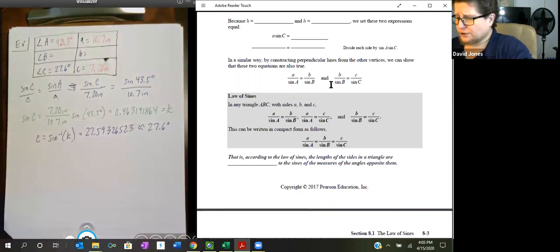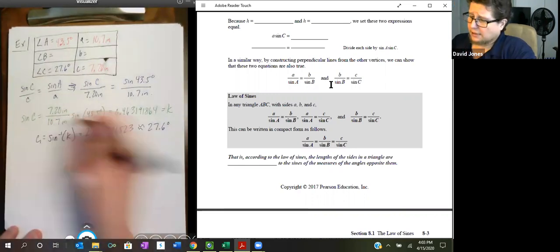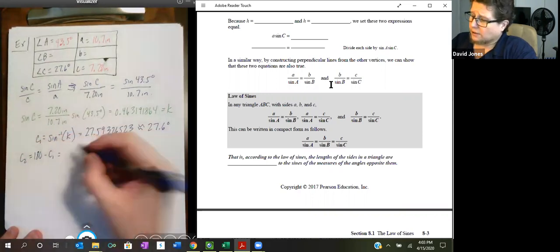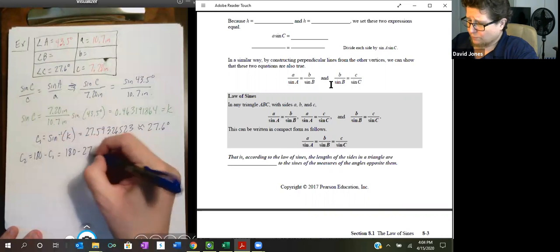Let's calculate C2 real quick. That was C1. C2 equals 180 minus C1, which is 180 minus 27.6°.